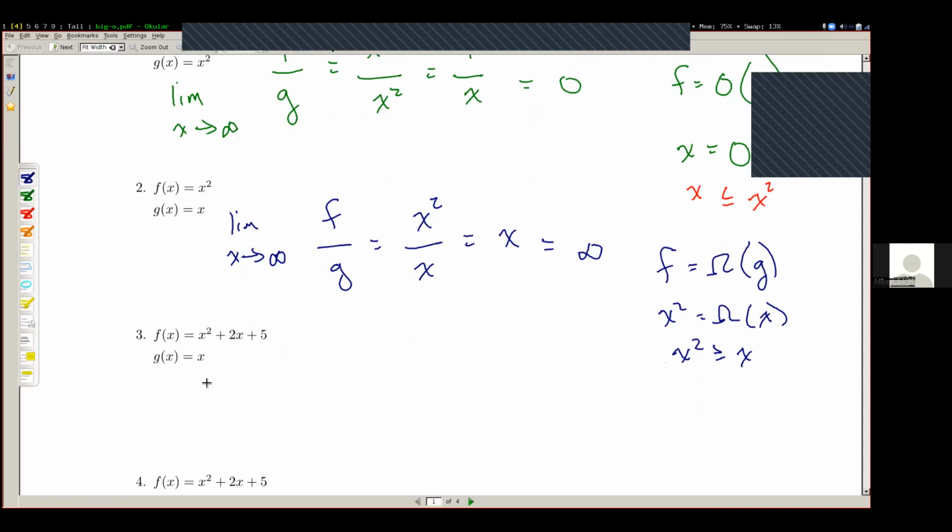Again, in order to do problem 3, limit as x goes to infinity of f over g, x squared plus 2x plus 5 divided by x equals x plus 2 plus 5 divided by x, just simplifying, going from this step to this step, dividing each one of these terms by the x.